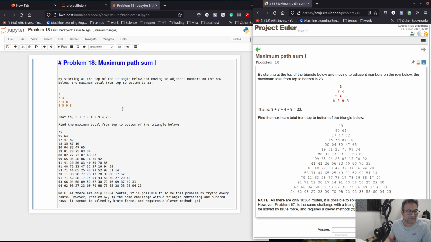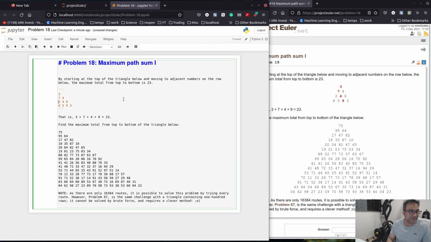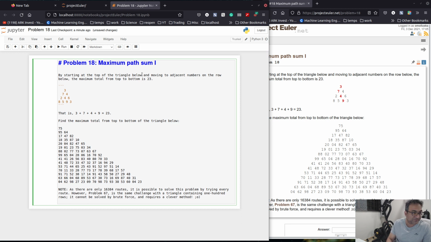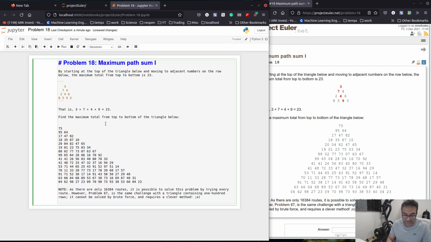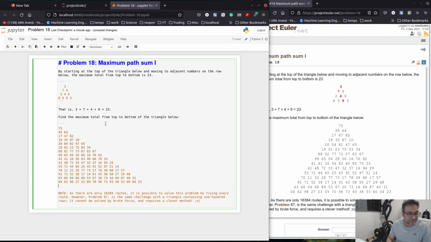Oh no, it's text. So I think there is a space over here, and 2 spaces over here, and 3 spaces over here. So it looks like that. And this is called a triangle, the top of the triangle below. Okay, we'll look at the problem later. Let's format this properly first. And this looks like that.